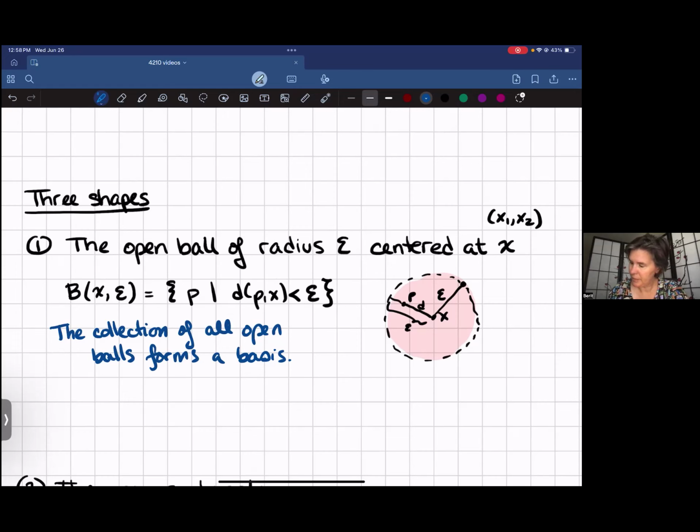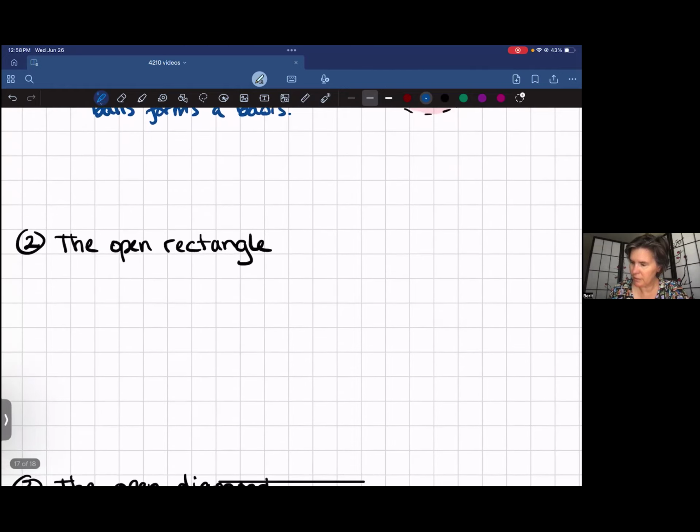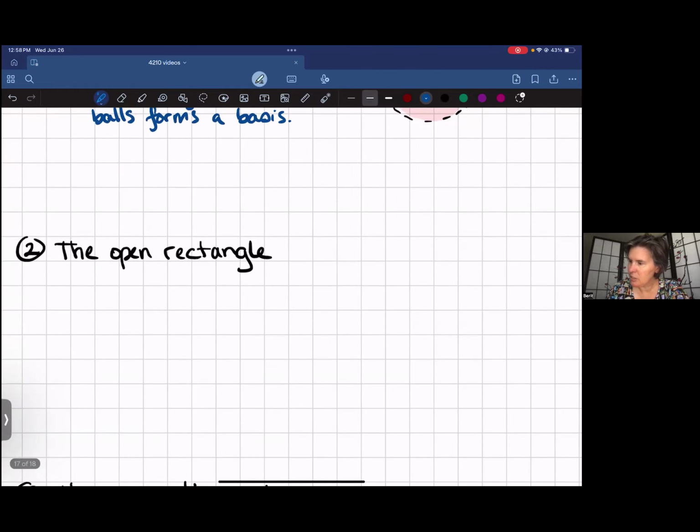All right. The second shape that we're going to look at is something that I'm going to call the open rectangle. So an open rectangle looks like A1, A2. Oh, that's bad notation. I'm going to write it this way.